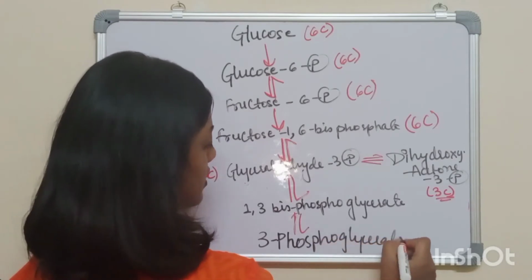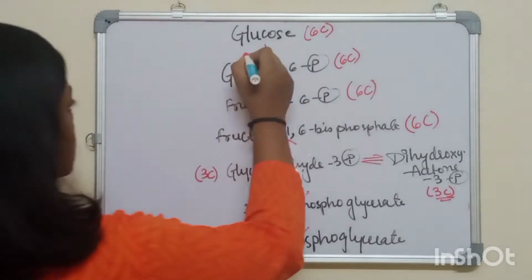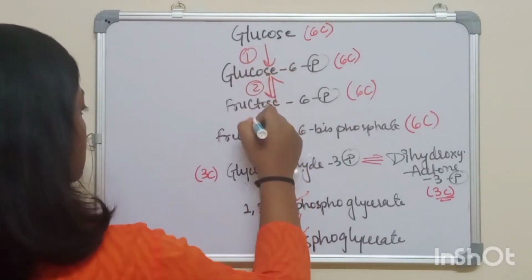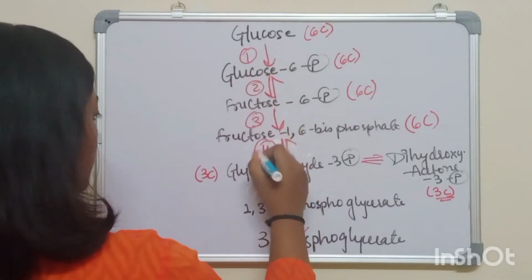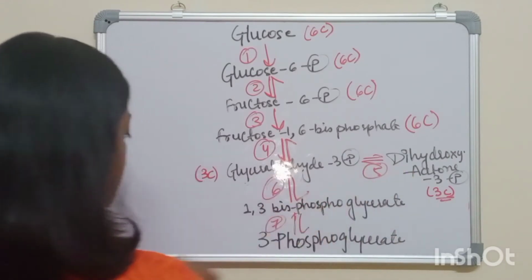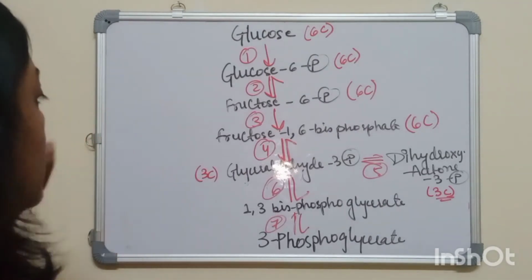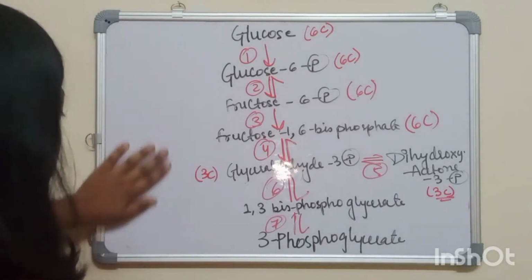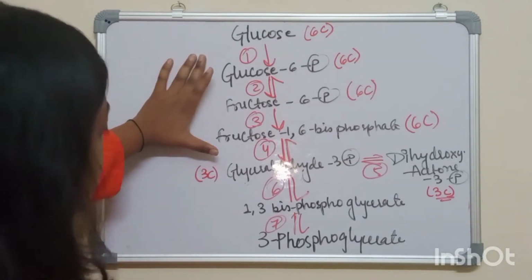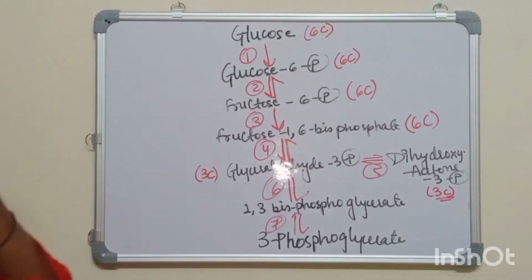And the next step I will write afterwards. So this is the first step, this is the second, the third, the fourth, the fifth, the sixth, the seventh. As I told, the first 5 steps are energy utilization steps. The next 5 steps are the payoff phase.